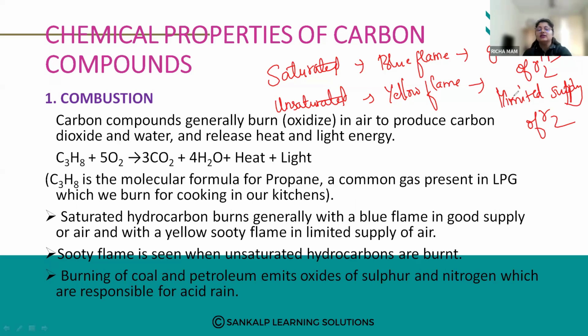These oxides, that is your sulfur dioxide, sulfur trioxide, nitrogen dioxide, nitric oxide, when released into the atmosphere, are responsible for acid rain. You know what acid rain is. So whenever coal and petroleum burn, they emit oxides of sulfur and nitrogen, and when these are released into the atmosphere, acid rain is formed.